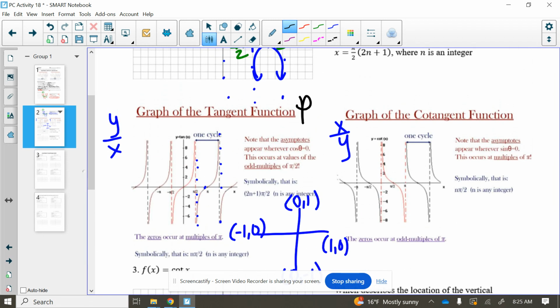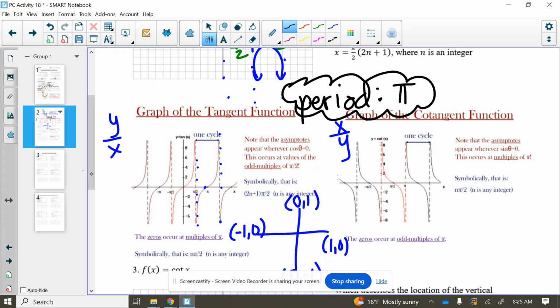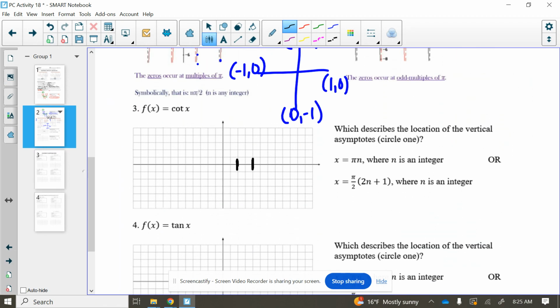Their period, something important to note here, is only going to be pi, not 2 pi. So that's very important to note for these two graphs. So by the time we make it to pi, our graph is actually going to repeat itself for cotangent. It has a vertical asymptote through 0 and also through pi.